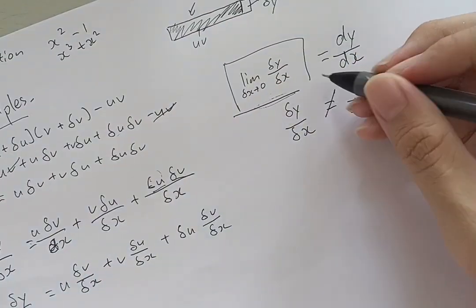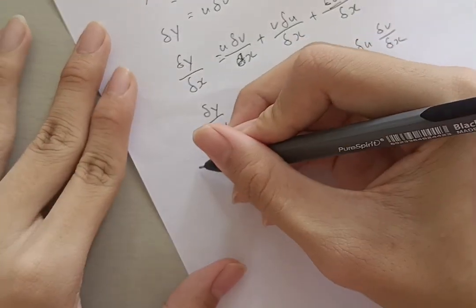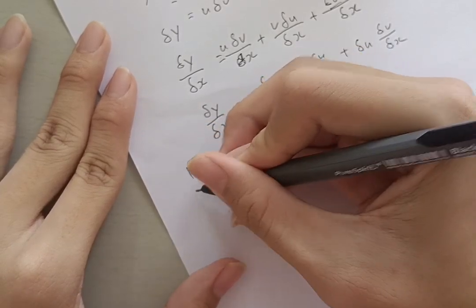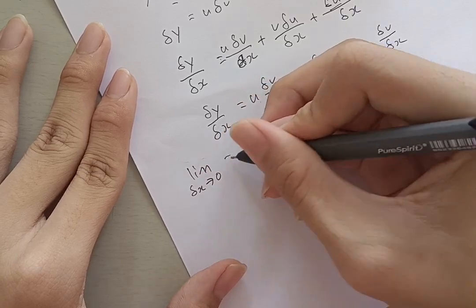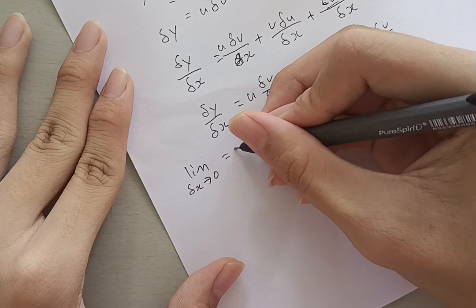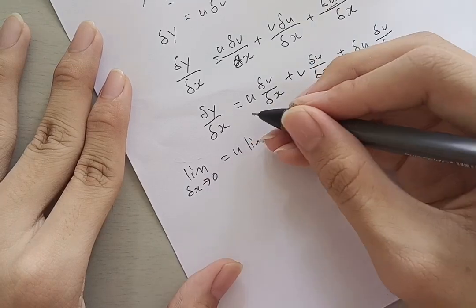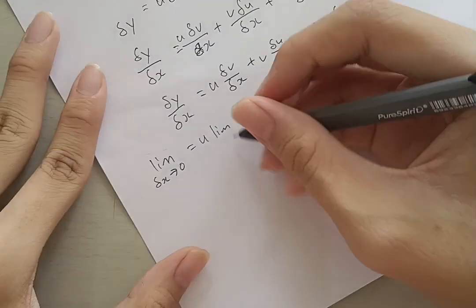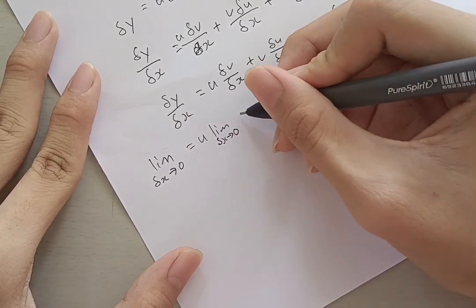Now let's add this limit here, so we can rewrite everything as the limit as delta x approaches 0. This makes sense because it's just multiplying. I should have just written everything out first.